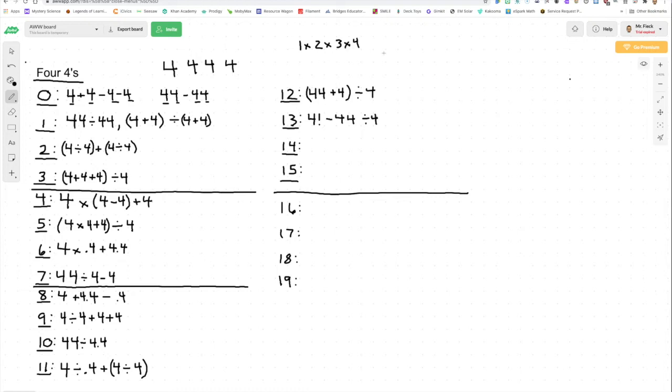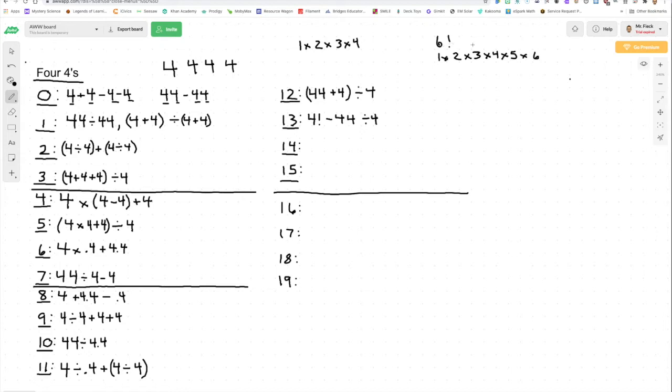Okay? And then if I had a 6 exclamation, I would do 1 times 2, which is 2, times 3, which is 6, times 4, which is 24, times 5, which would be 24 times 5, which is 120, and then times 6, which 120 times 6 would be 720.